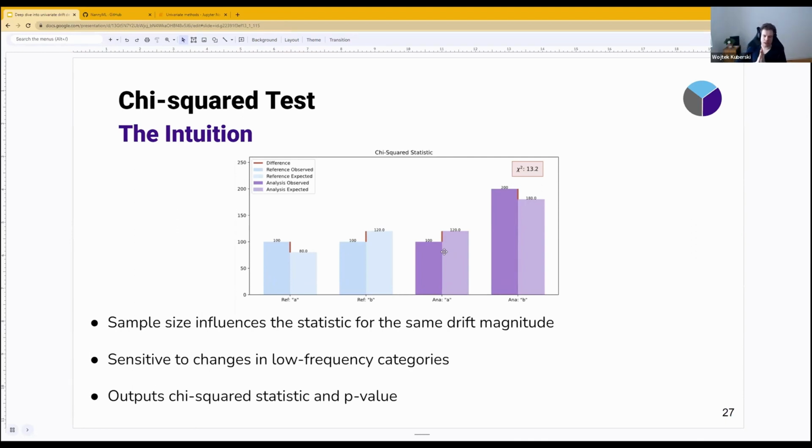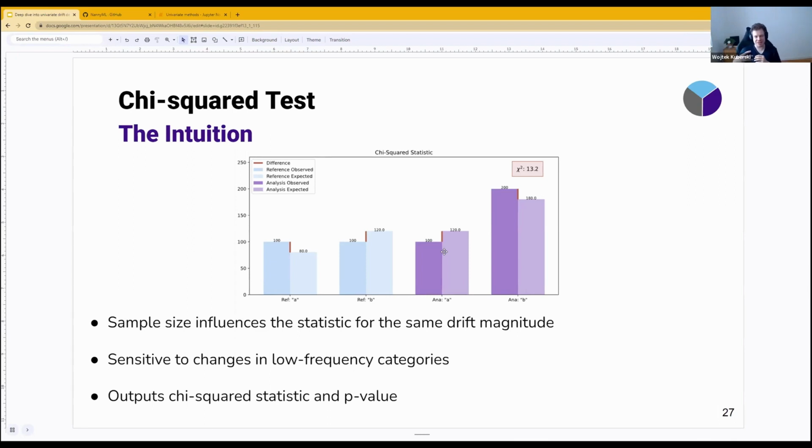And the way it's implemented, and the default implementation that we decided for the time being to go with, has one interesting property, and I would say potentially a drawback, which is the sample size actually influences the statistic for the same drift in magnitude. So imagine that you have two categories where the drift is 50% moved from one category to the other.